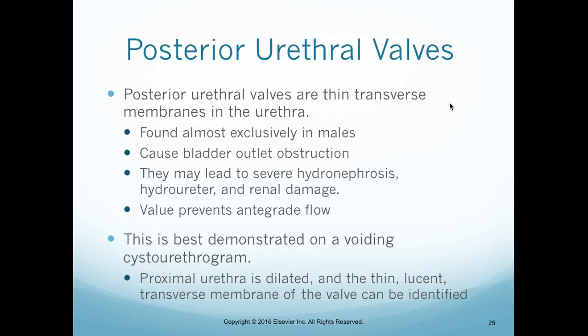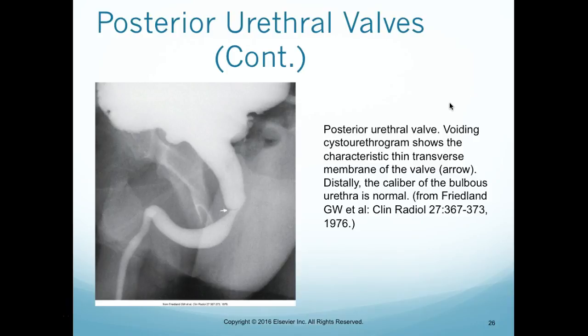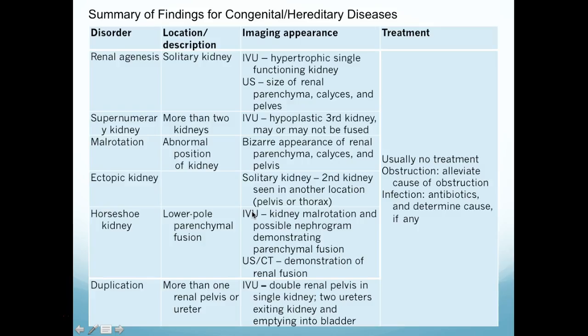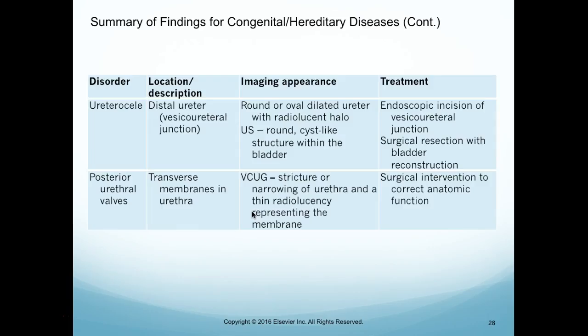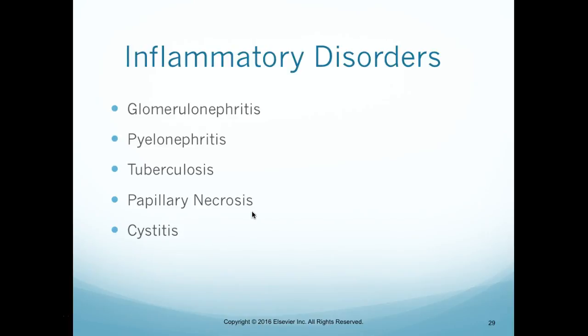The proximal urethra is dilated, and the thin, lucent transverse membrane of the valve can be identified. So here you can see we're dilated, and then you can see the little membrane right there, the little valve that's causing a stricture. So here's the summary of your congenital hereditary diseases, and we're going to go into inflammatory disorders.